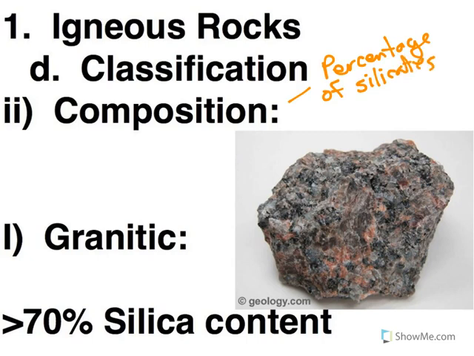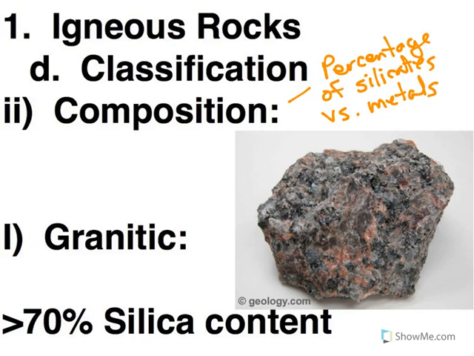Now recall with the minerals, if there's a high metal content, it's ferromagnesian, and if it's a high silicate content, it's non-ferromagnesian. So essentially we are looking at rocks that either were formed out of a lot of non-ferromagnesians or quite a bit of ferromagnesian mineral.